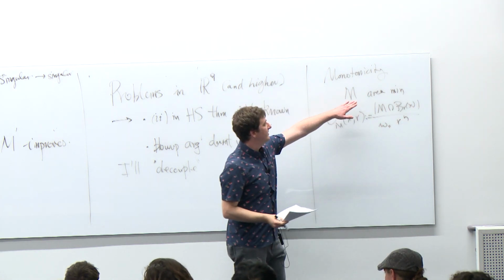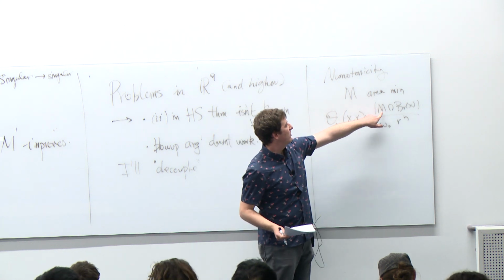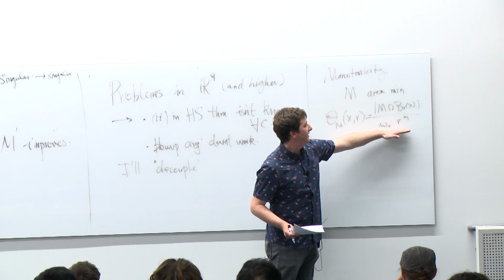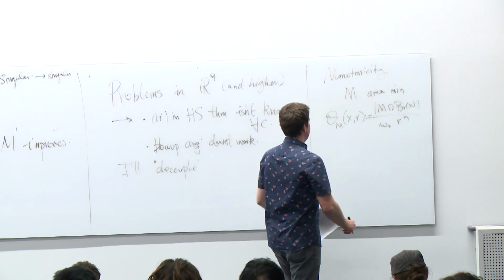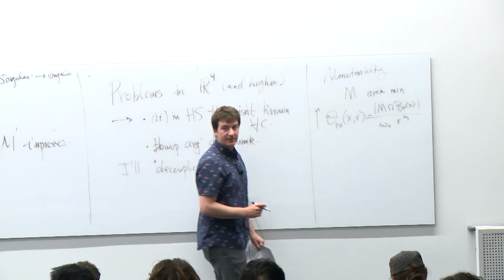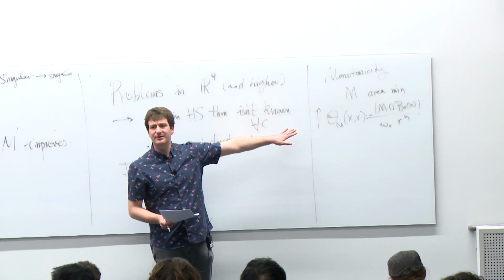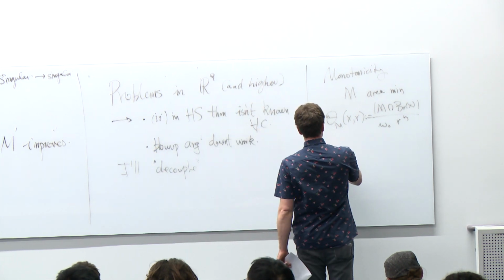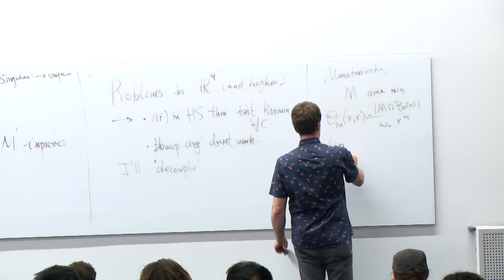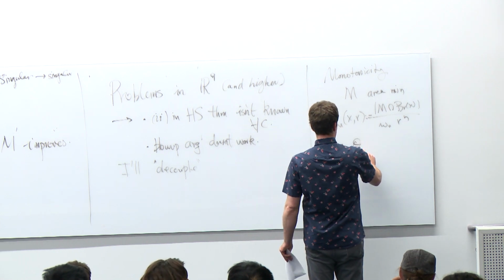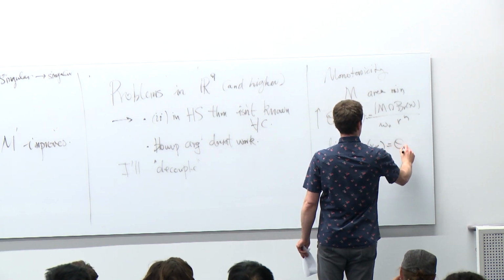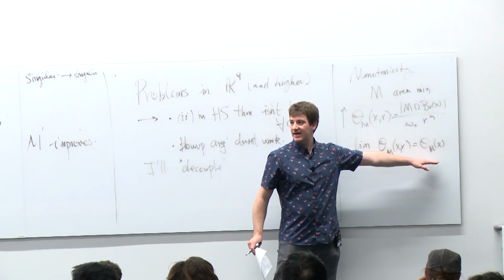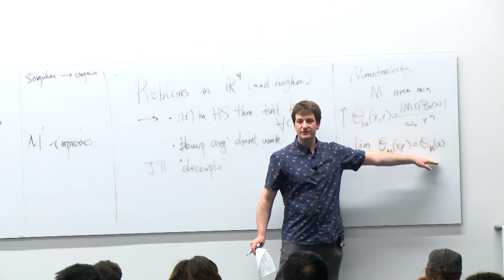Okay, so if you have an area minimizing surface, and you look at the area of the surface in the ball of radius r, and divide by the volume of the n-ball of radius r, then this quantity is increasing as you increase r. Okay, you shouldn't hit the boundary when you do this. You want to work with balls smaller than those hitting the boundary. And so in particular, the limit as r goes to 0, this theta M of x, this quantity always exists. So you have a monotone function. You can take the limit. Okay?